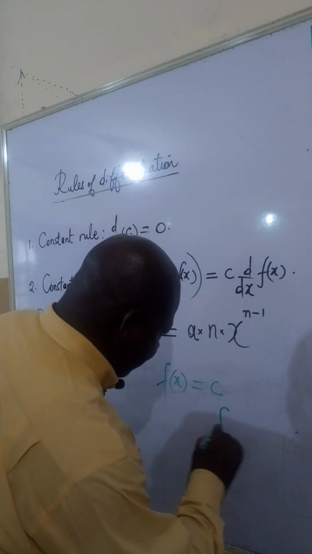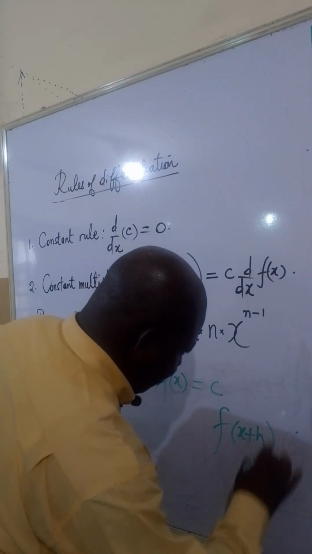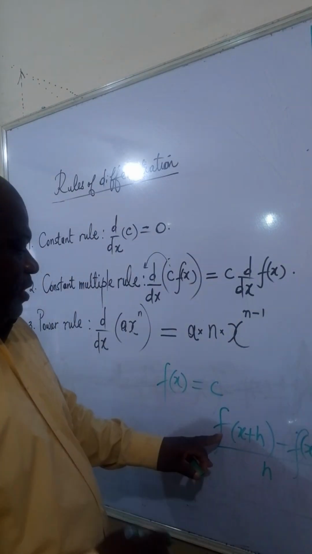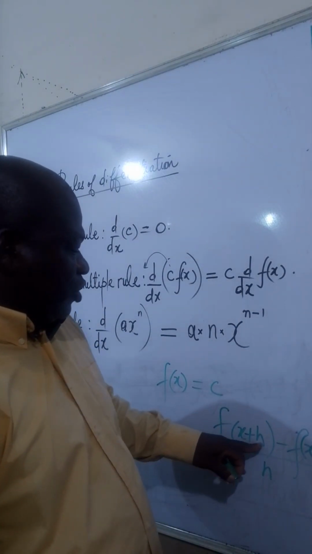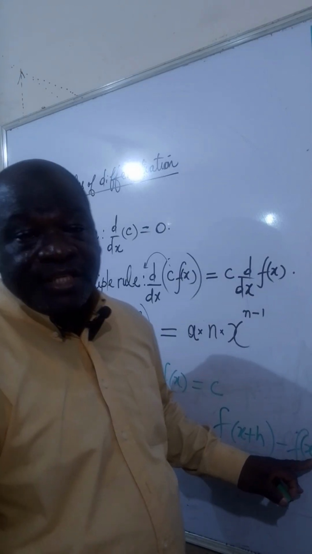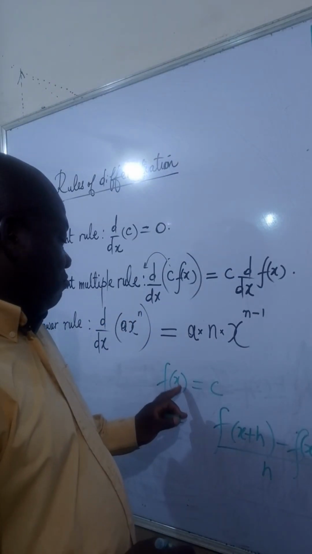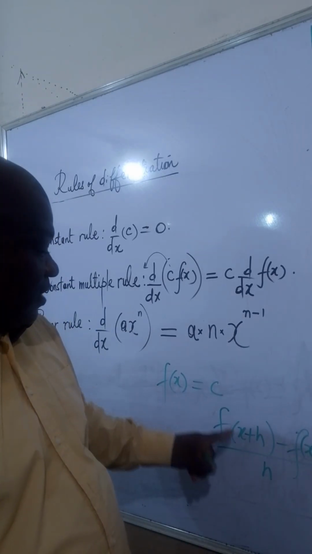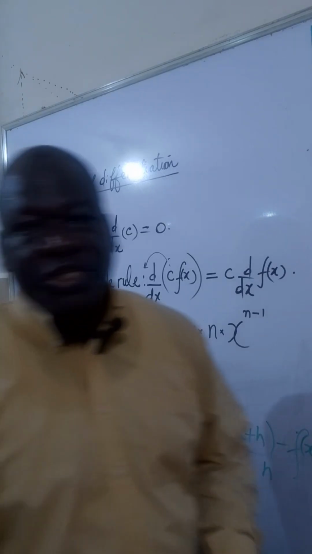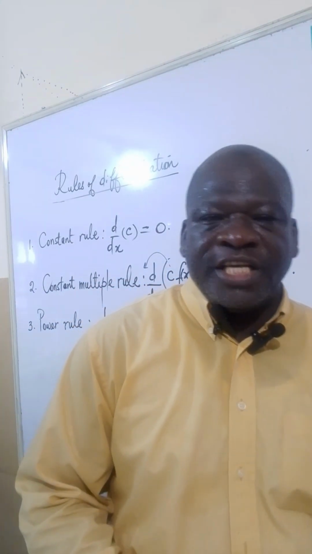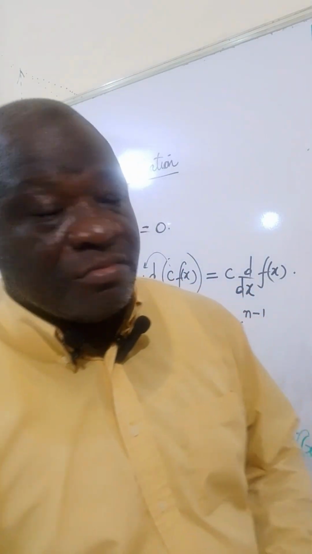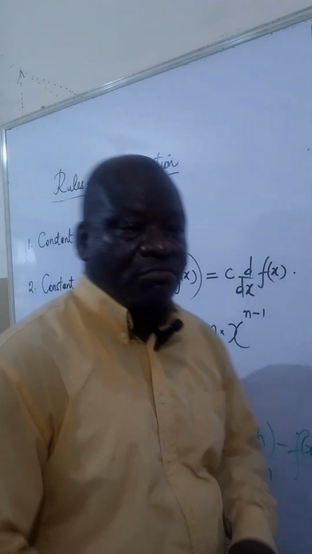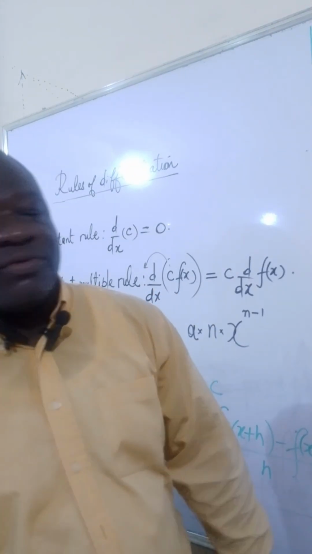Let's find (f(x+h) - f(x)) over h. f(x+h) equals c, and f(x) is also c, because for any input inside this bracket, the value is always c. So here we have (c - c) over h, which is 0, and the limit as h tends to 0 of 0 is 0. So this is another way to prove the first rule, the constant rule. The differentiation of any constant number is 0.